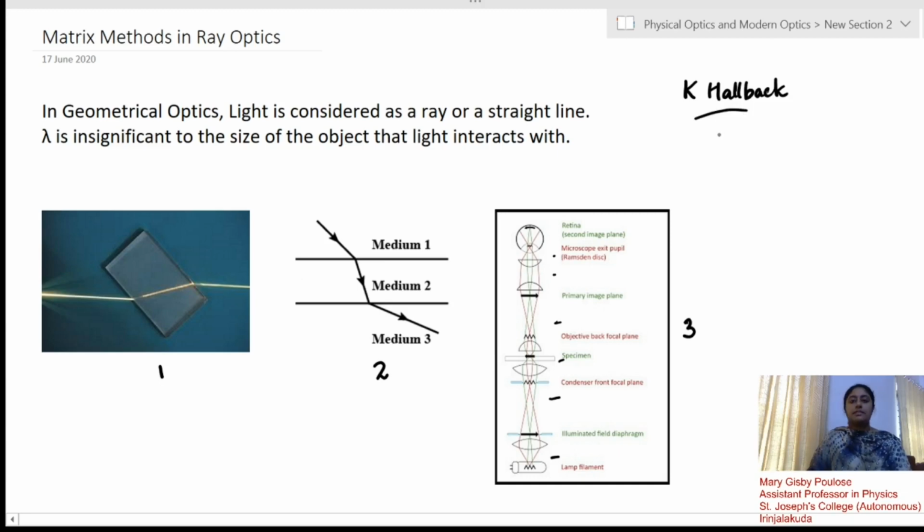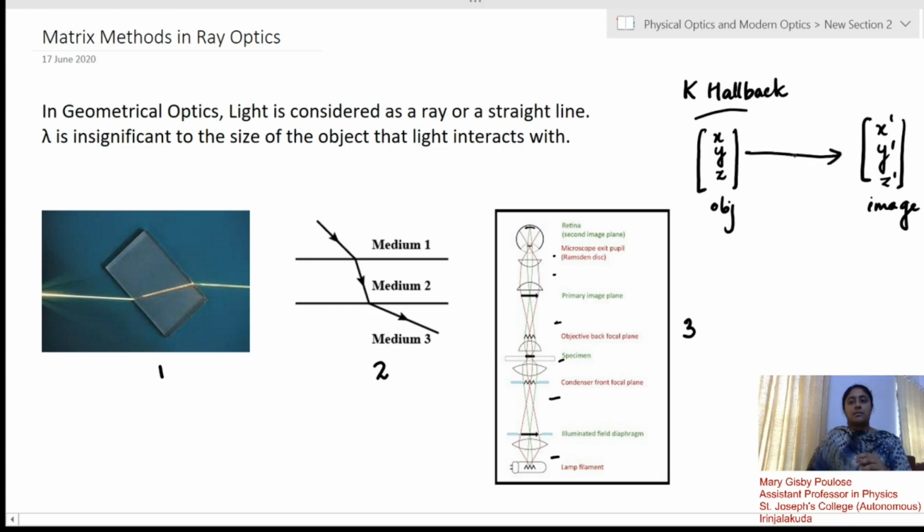According to him, a light ray in the object plane can be represented by a matrix x, y, z, and the light ray in the image plane can be represented by a matrix x prime, y prime, z prime. Now, these two matrices will have a relation, and since light is considered paraxial, or as straight lines, it will have a one-to-one correspondence.